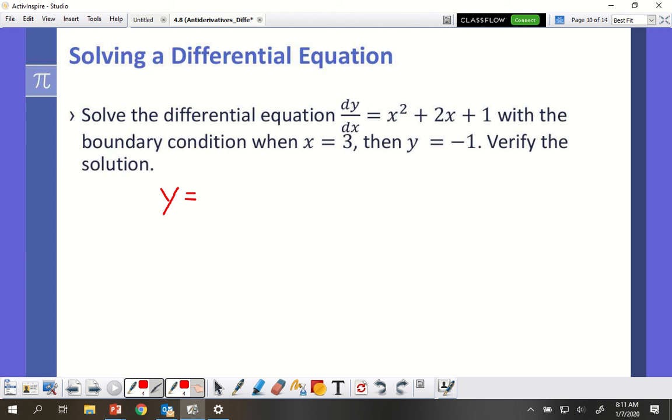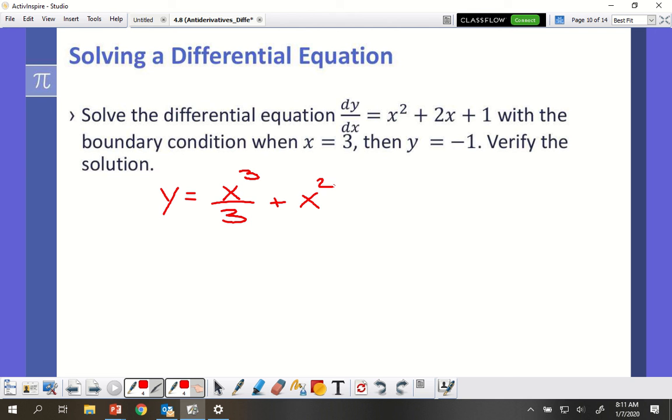So y is equal to, now remember the rules from yesterday. Going the antiderivative, what do I do to the exponent? Add 1 to the exponent and then divide by that number. So I'm going to have x cubed over 3 plus x squared over 2, but this is 2x squared over 2, which is just x squared.